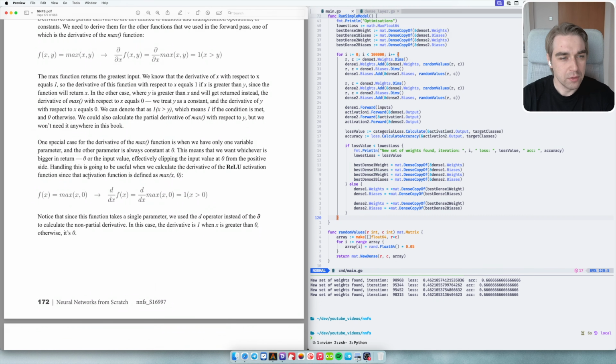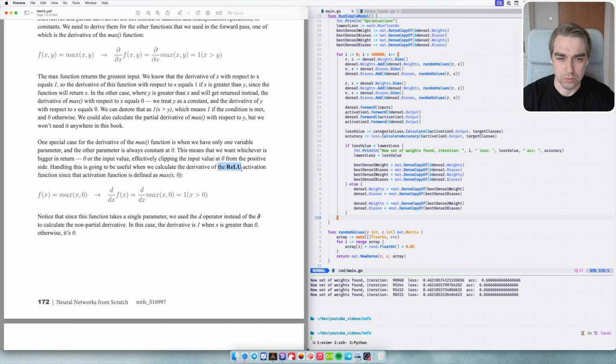One special case of the derivative of the max function is when we have only one variable parameter and the other parameter is always a constant 0. This means that we want whichever is bigger in return, 0 or the input value, effectively clipping the value at 0 from the positive side.